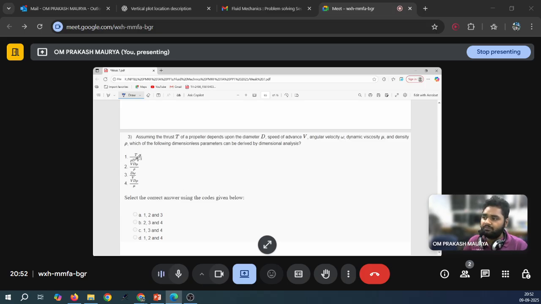So a lot of combinations are given, four combinations, and in each option you have three. So any one that cannot be derived means it cannot be dimensionless.